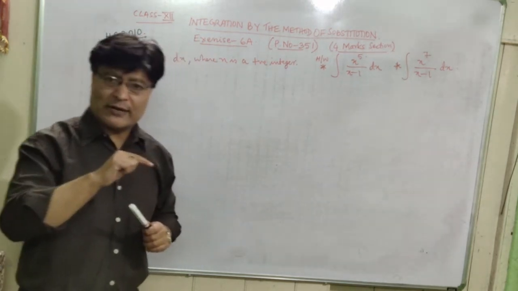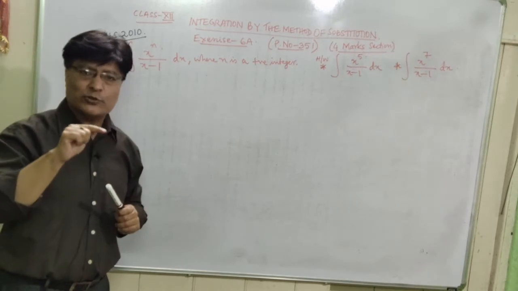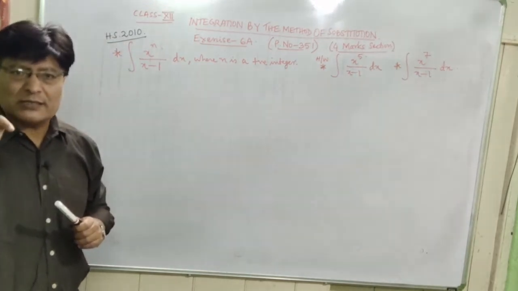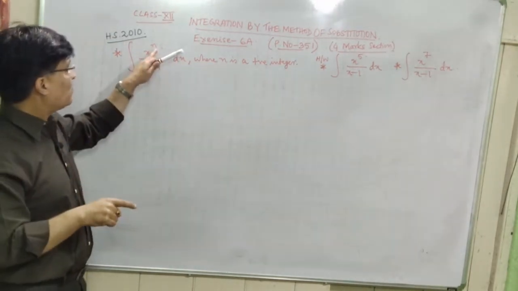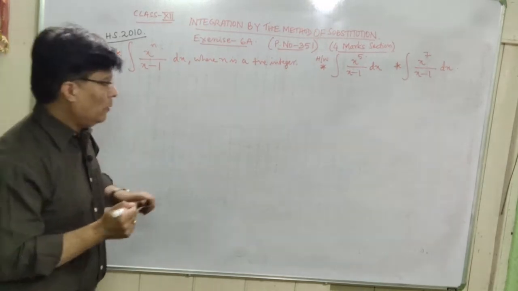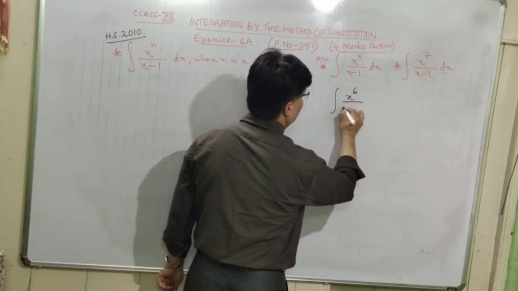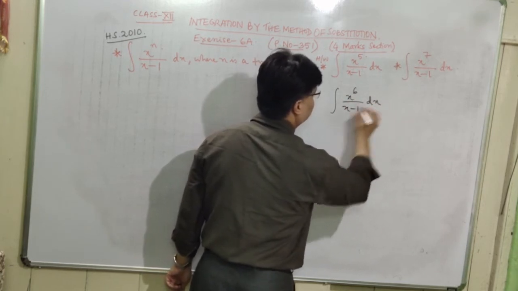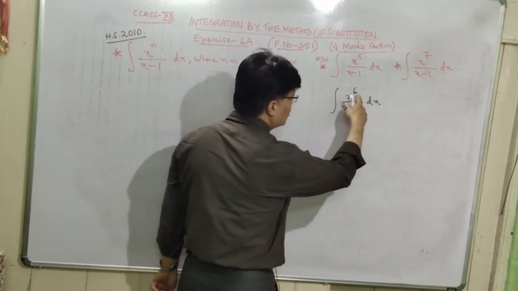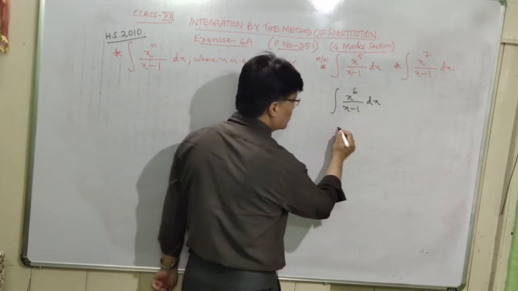be, it will start from 1. 1 plus x square plus dot dot dot, it goes up to plus x to the power, decrease the power by 1 here. In the previous problem, we had x to the power 6 divided by x minus 1 dx. So if we divide x to the power 6 by x minus 1, what will be the quotient out there?